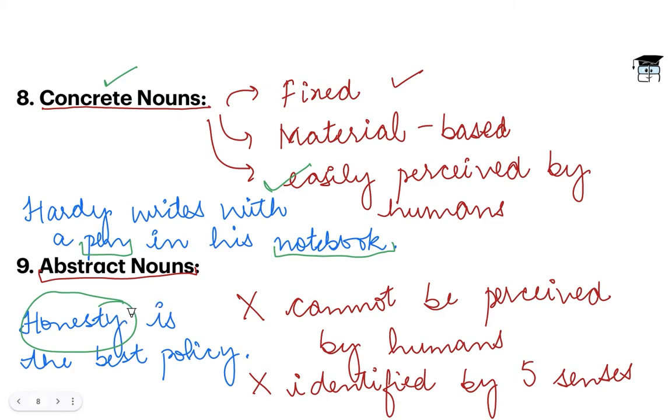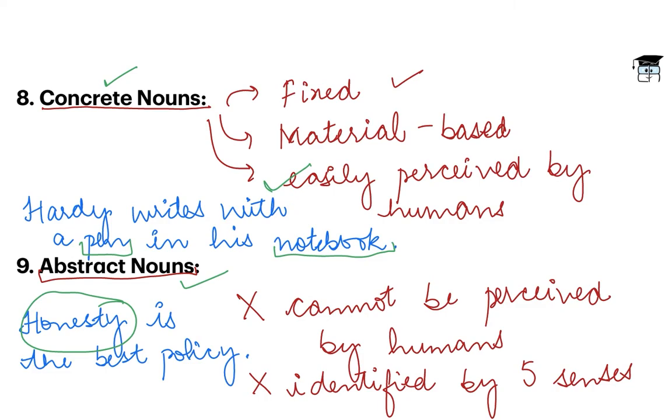Until and unless you put a practical use to this word, that is, when you show honesty, only then can you understand its meaning. Otherwise, it cannot be touched, it cannot be seen, it cannot be felt until you utilize it for a practical purpose. So these nouns are known as abstract nouns.